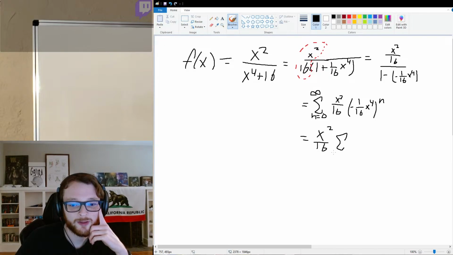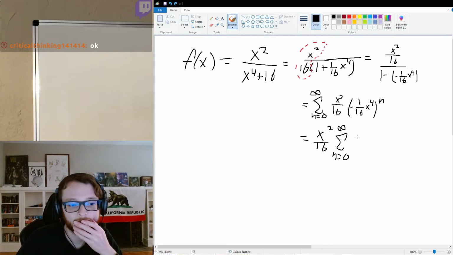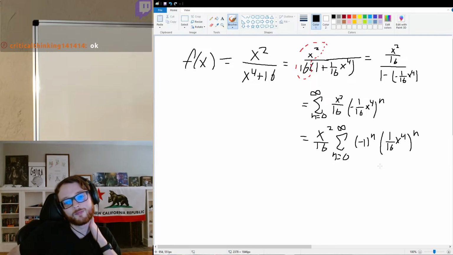Just for fun, I'm going to take the x squared over 16 out of the summation here. That's not the important part of what I'm about to do, though. I'm going to pull this negative sign out of the exponent by saying this thing is equal to -1 to the n times 1 over 16x to the 4th to the n. And this is an alternating series.